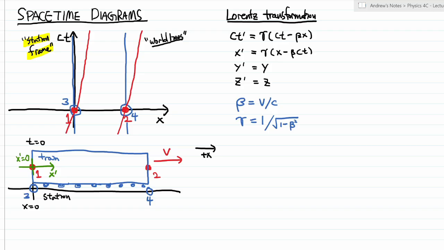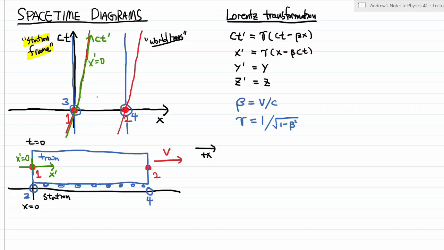Now, as you look at all these points that represent the location of the back of the train, I hope you notice that all those points have value of x prime equal to 0. And those are the set of points that'll define my new ct prime axis.